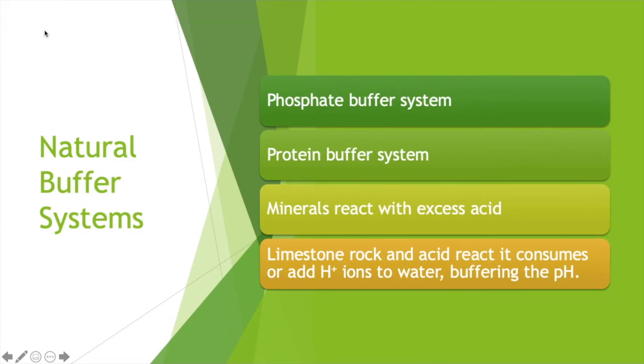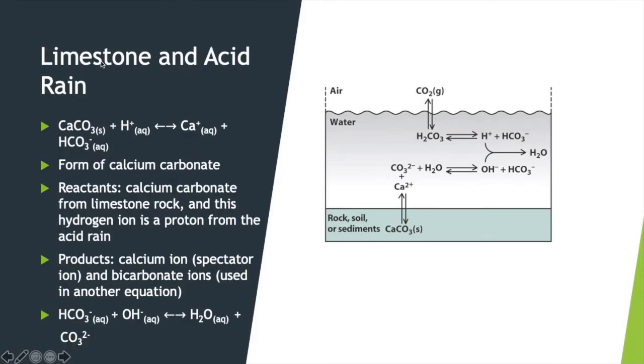In the natural world, there are different kinds of buffer systems, such as a phosphate buffer system and a protein buffer system, and minerals react with acids. The limestone rock and acid reaction consumes or adds hydrogen ions to the water, buffering the pH. We can talk about the limestone and acid rain reaction in detail.